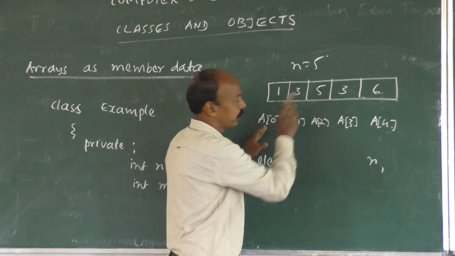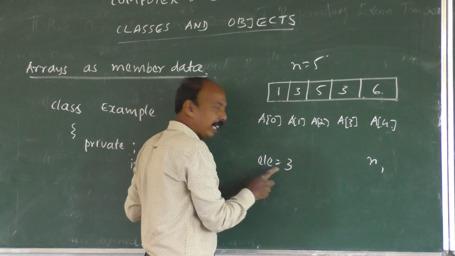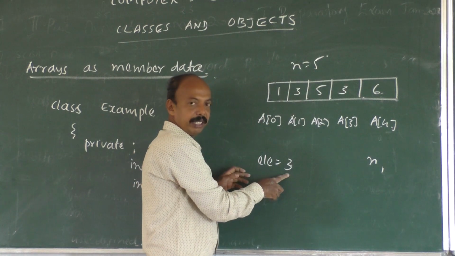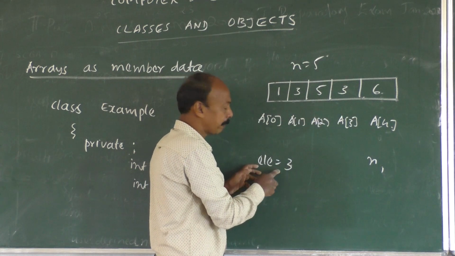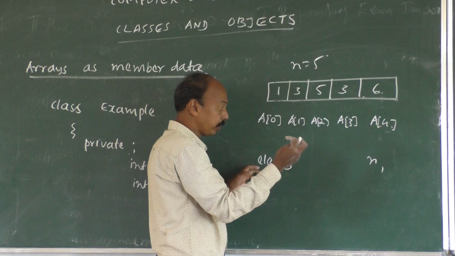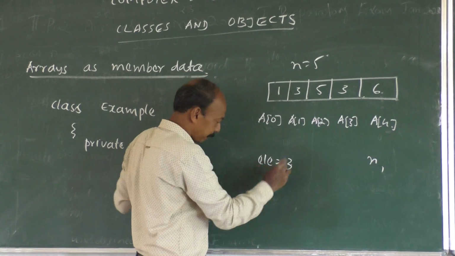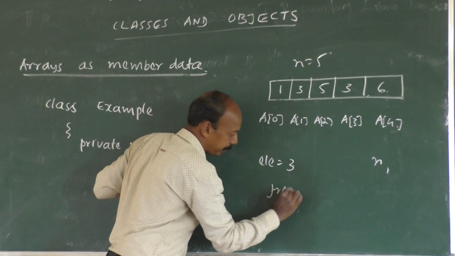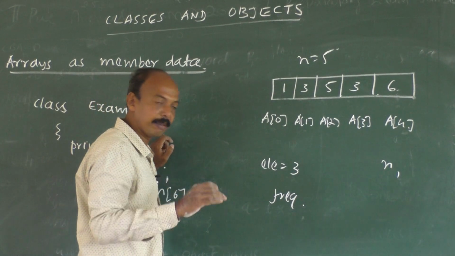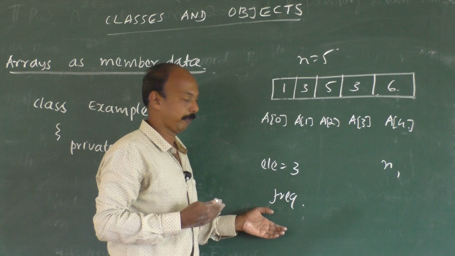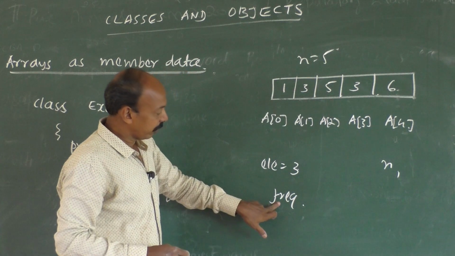In this case, that's 5. And we will enter one element, ELE. In this case, it's 3. We want to search for 3, how many times that particular element is present. So we want to store the final answer that it's present so many times. Let us take it as frequency. Frequency means how many times that particular element gets repeated. So we need to calculate frequency.